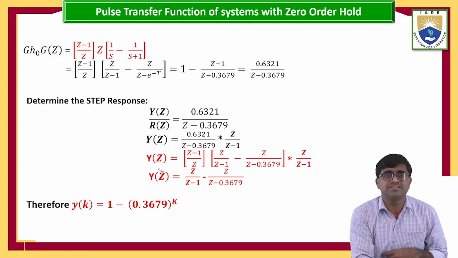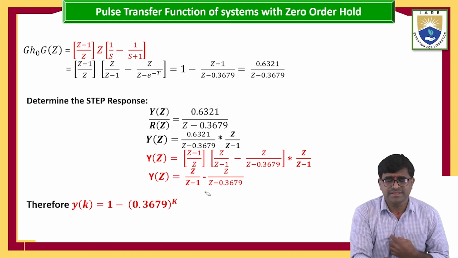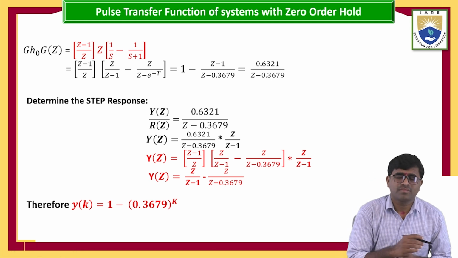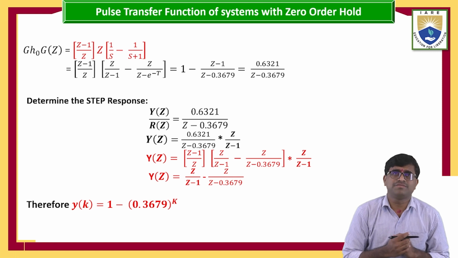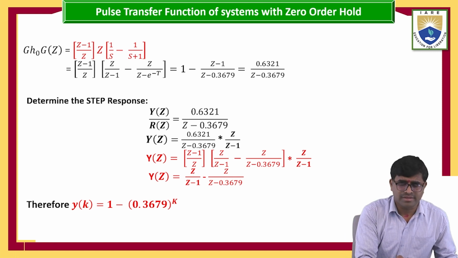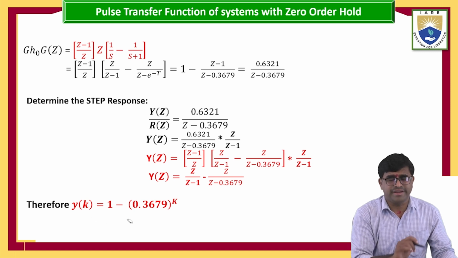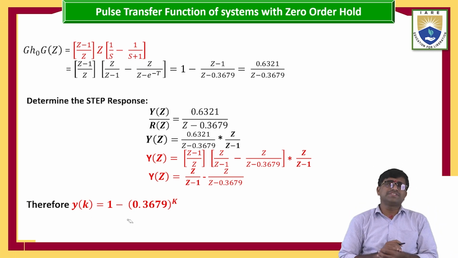While doing this, we got Y(z) equal to z by ... 0.3679. This is the z transform of the given function. Now y(k) equal to 1 minus 0.3679 to the power k.